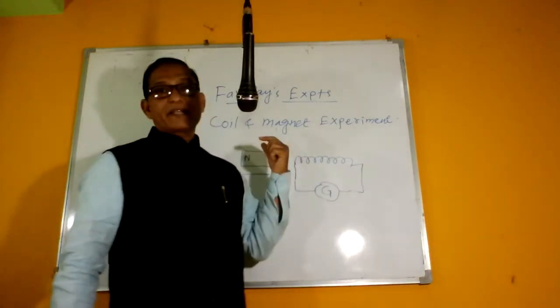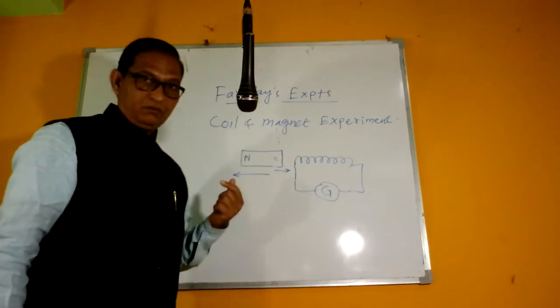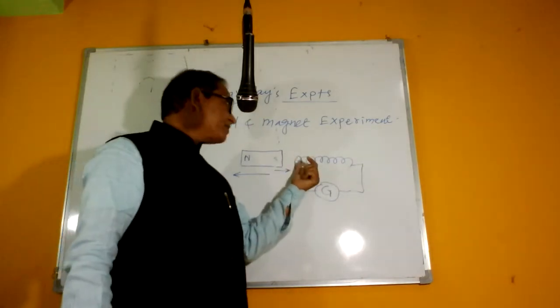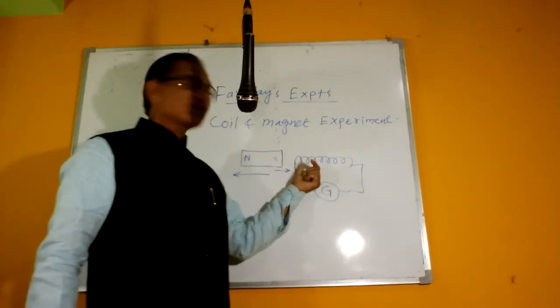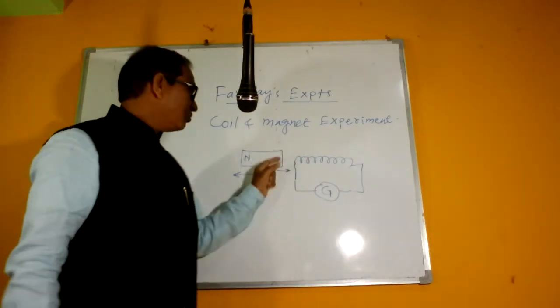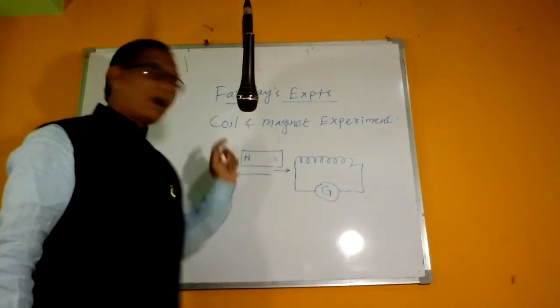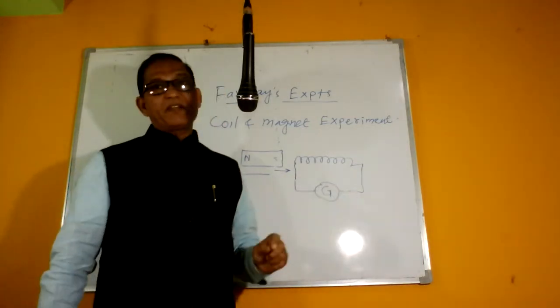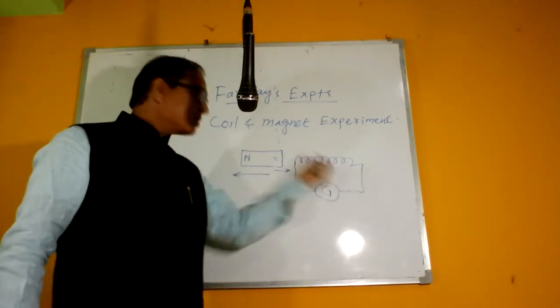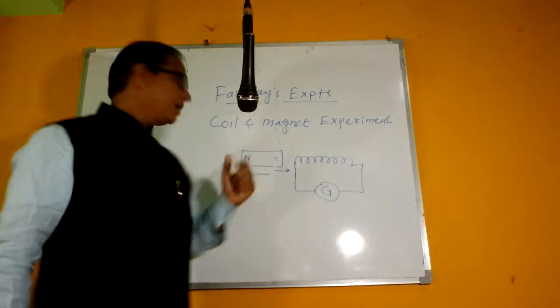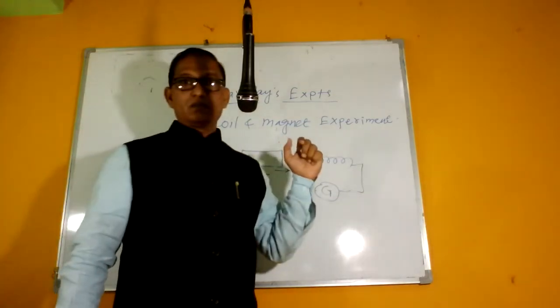And this coil now acts again as a dipole, such that the face of this coil will act as a south pole towards the magnet, and the galvanometer is giving the deflection. Induced EMF is set up in the coil and induced current is set up in the coil.